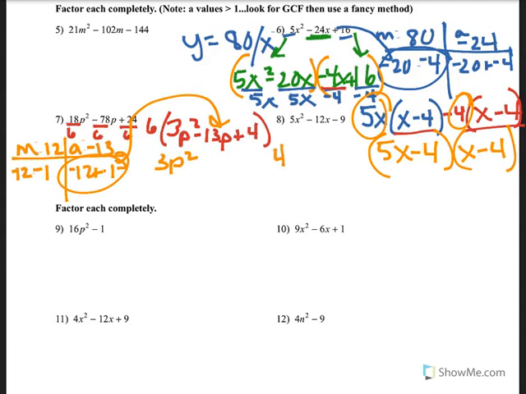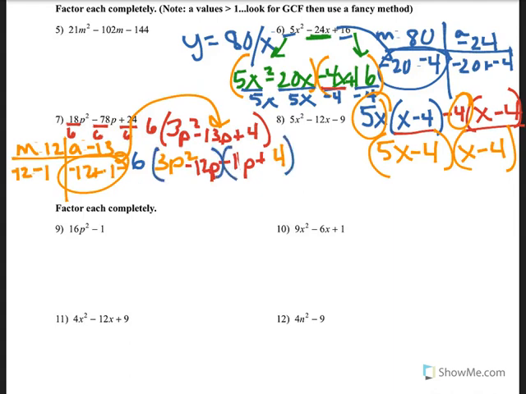So I'm going to have negative 12p, and then plus 1p. And that should be a negative. Kind of messed that up. Okay, now I put parentheses around these. And I can't forget, I could just bring down my 6. Make sure I keep it with me.